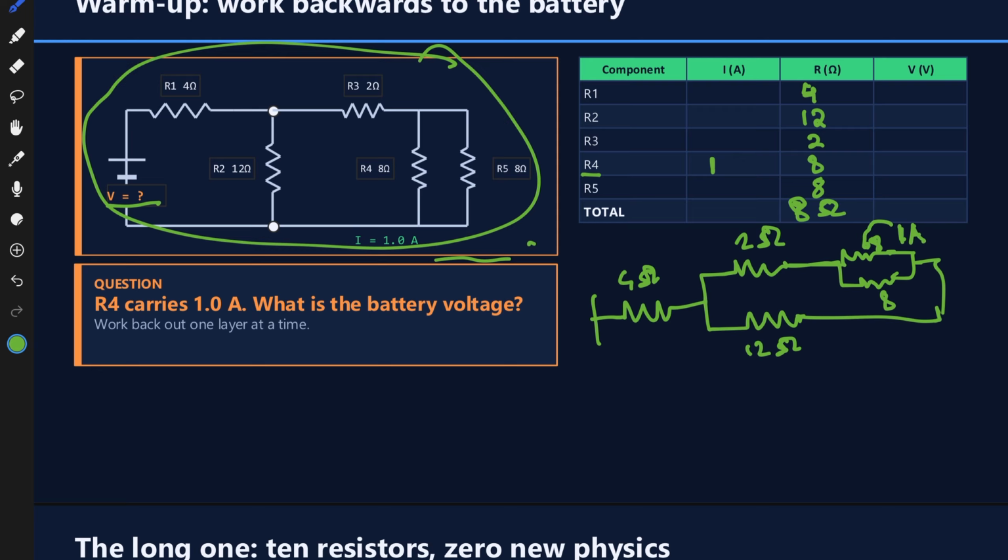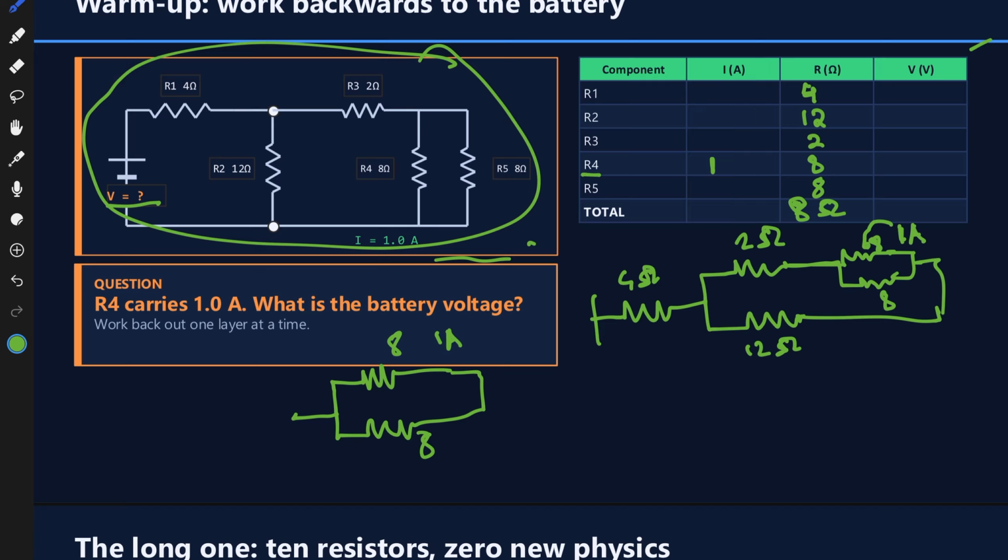How are we going to find the rest of the currents? So first off, right, given that we have 1 amp here, remember what happens when you have a parallel circuit. So just look at this as its own parallel circuit. Okay, forget about everything else. Take a zoom in on that specific parallel branch. The current splits, right?